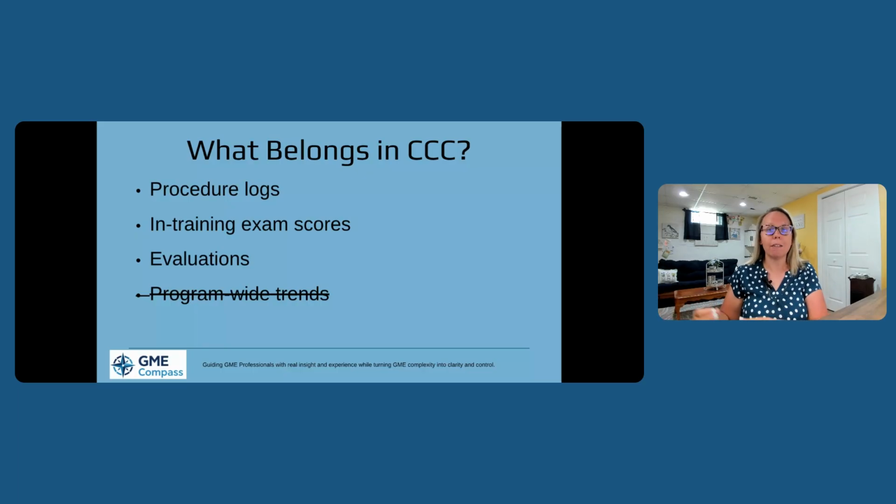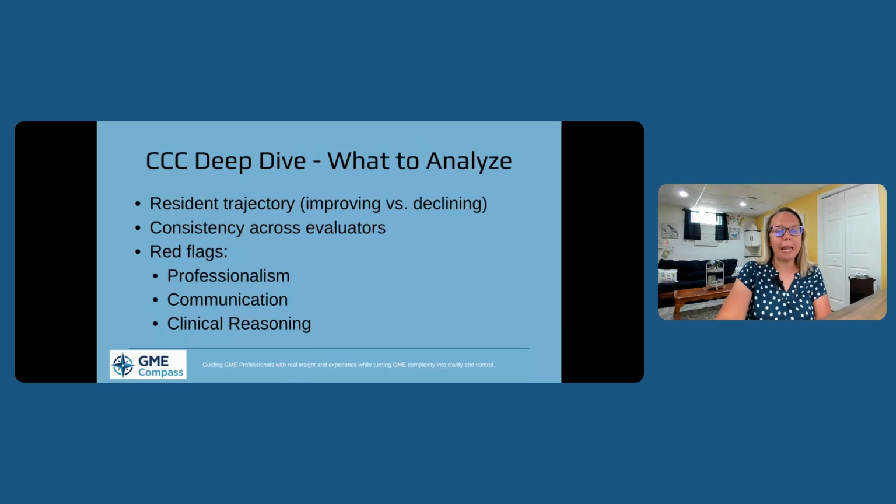That's a process issue. And then, what do you analyze within the Clinical Competency Committee? I talked a lot about the resident trajectory. That is extremely important. Improvement versus decline, making sure that even if it's small, even if it's minimal, you're going upward. Consistency across evaluators.